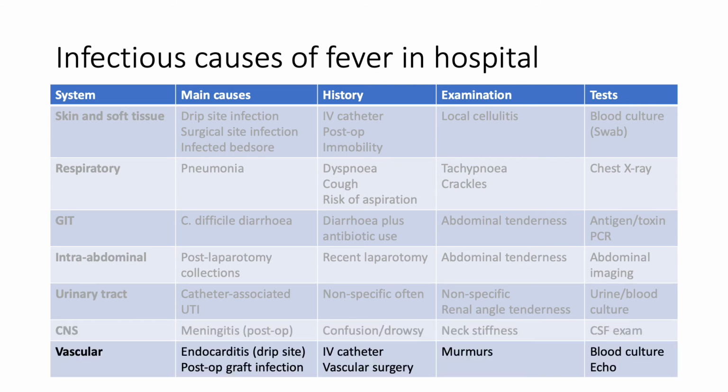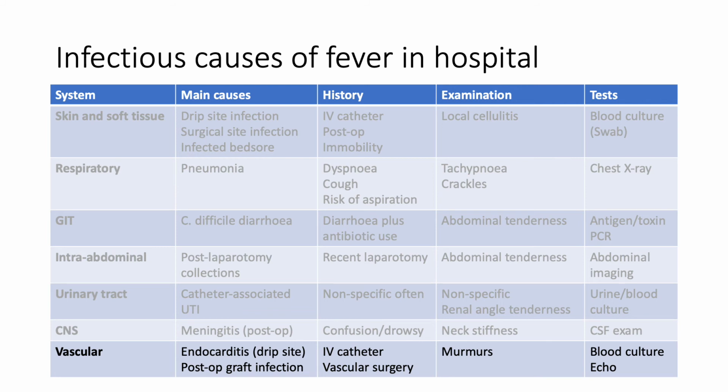And the final system to consider, although it's again not very common and can be very non-specific in its clinical manifestation, is the vascular system. And infections here leading to fever in patients in hospital are related to endocarditis and perhaps post-operative vascular graft infection. And on history, we would ask about the presence of an intravenous catheter.